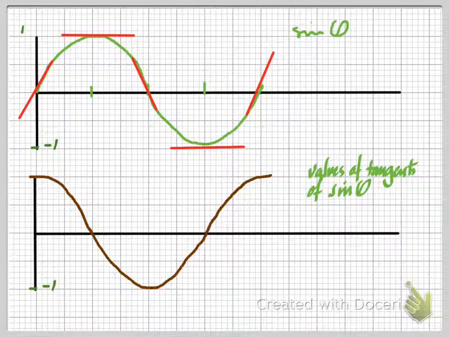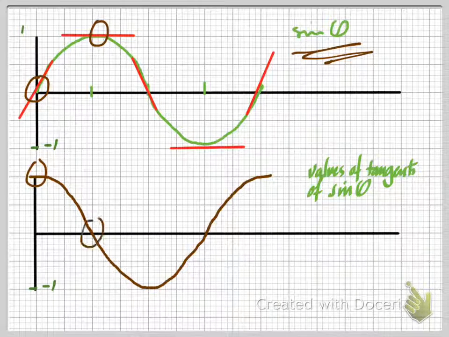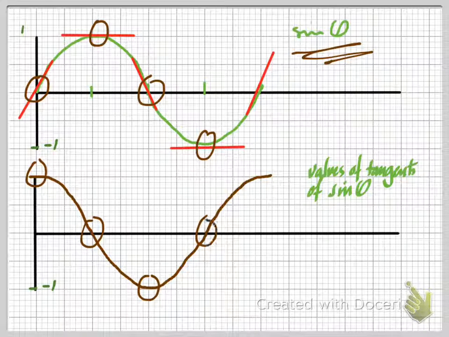And in a very similar way, if we take sine theta and find the tangents of that, which I'm just highlighting here, and look at the values, these get plotted to these points here, which I'm just highlighting.